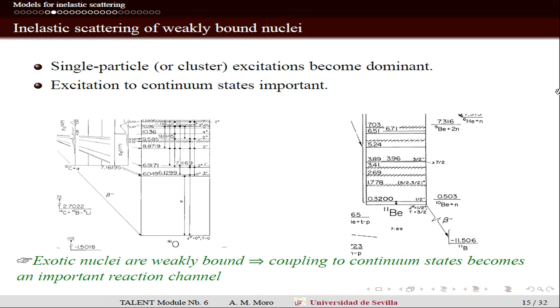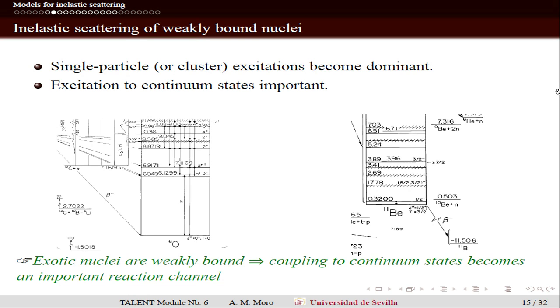So let me go one step back. Remember why we don't have to worry about this kind of problem for stable nuclei. Stable nuclei are typically well bound. Deuterium is actually one exception: it is a stable system, but a weakly bound one.